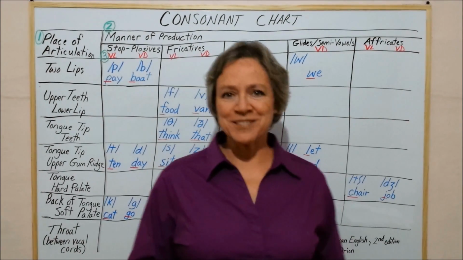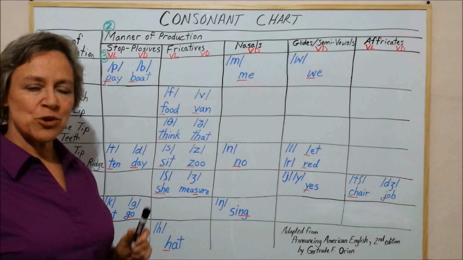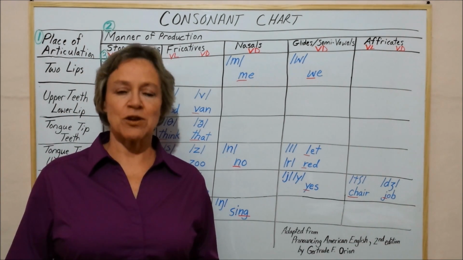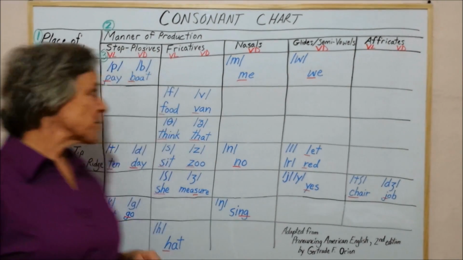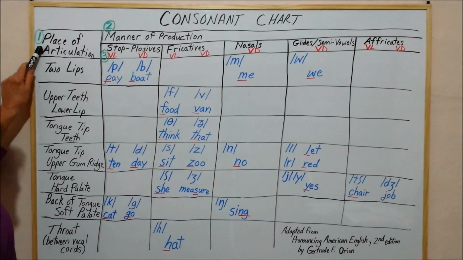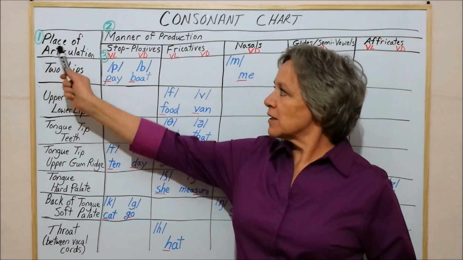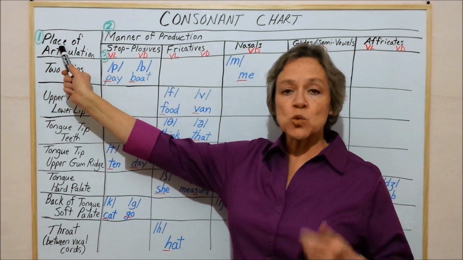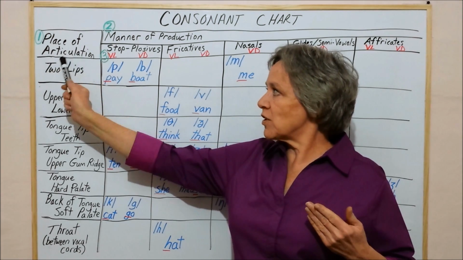As I said, there are also consonant charts available on the internet for you. So this particular one that I have adapted will show you 3 very important things to consider when making a consonant sound. The first thing is where I have number 1 here, the place of articulation. The place means where in our mouth, or what part of our mouth, of articulation.